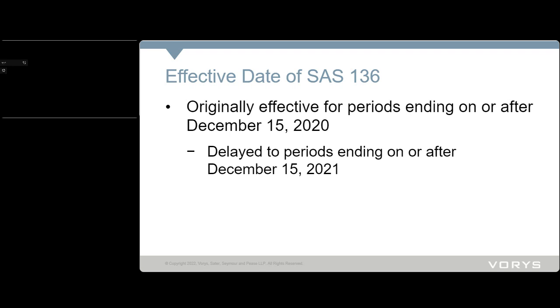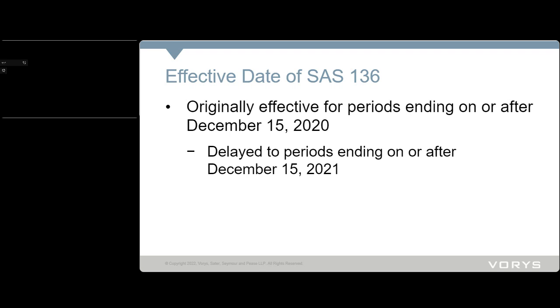I am not aware of any auditor that actually implemented the SAS 136 changes last year. You could have voluntarily elected to do that, but I did not see one last year. If you had an auditor doing that, I think it was a rarity. I think most auditors were waiting to this year once that delay came out.